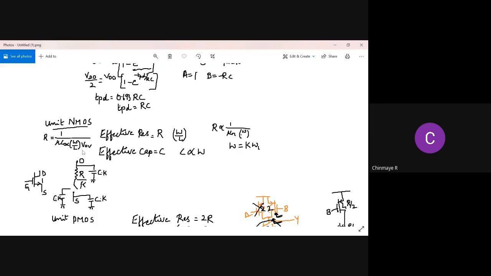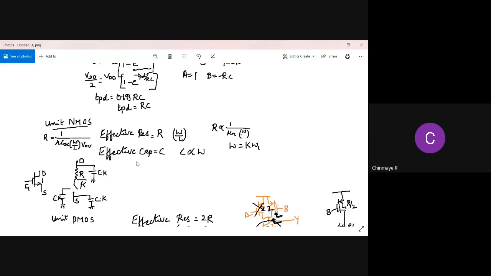But although we know that the resistance varies with overdrive voltage, we consider the effective resistance R, which is the average resistance of the MOSFET when it is behaving like a switch, because we do not want to calculate the resistance for each overdrive voltage every time. Okay. So in other words, we can say R is proportional to 1 by mu times W for a minimum W by L. This effective resistance is for the minimum allowed W by L, minimum allowed aspect ratio. We know that R is inversely proportional to mu n and W.